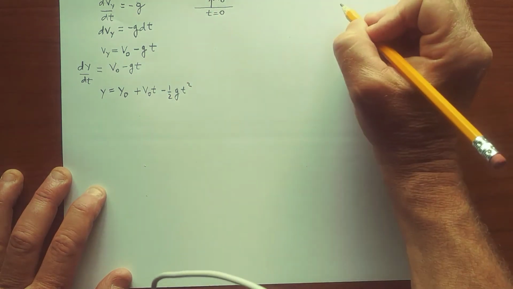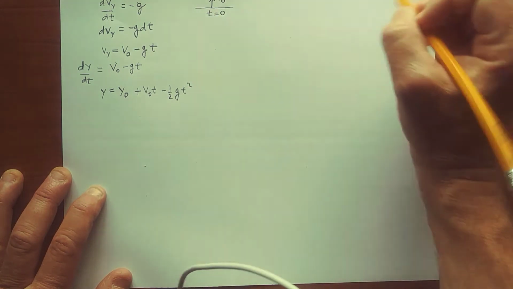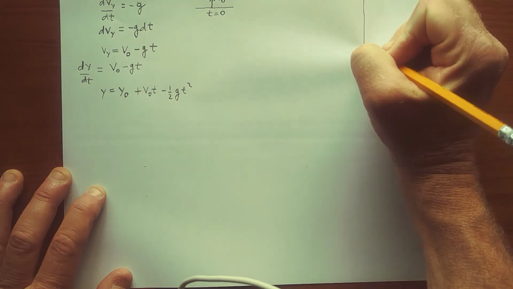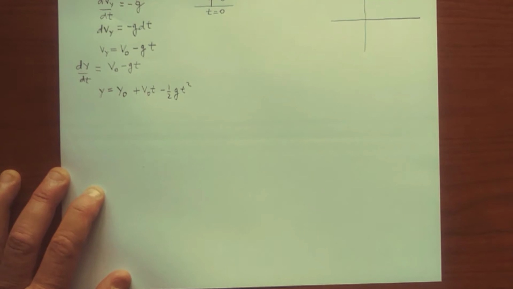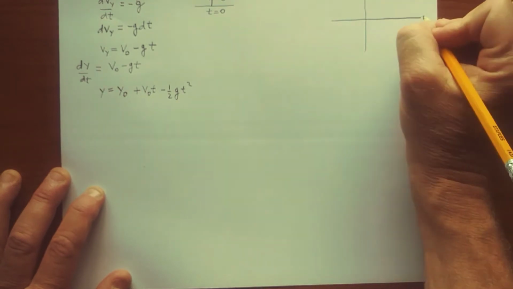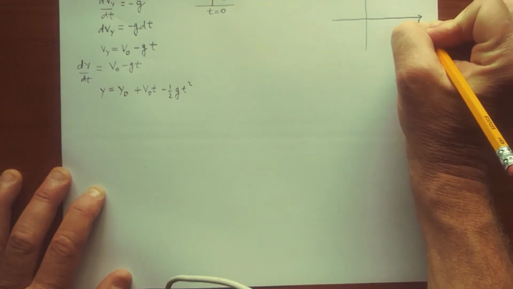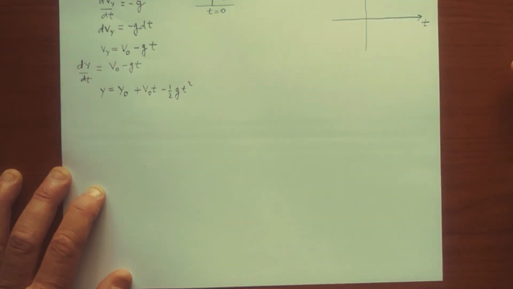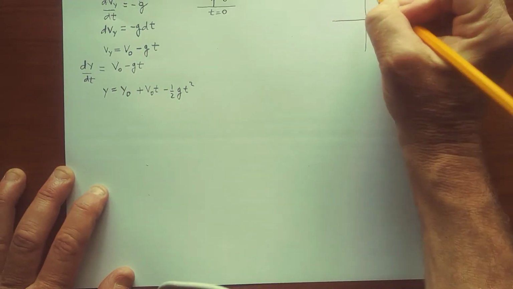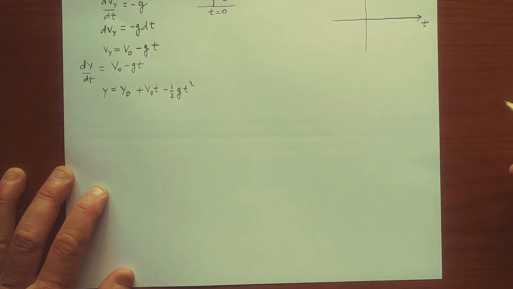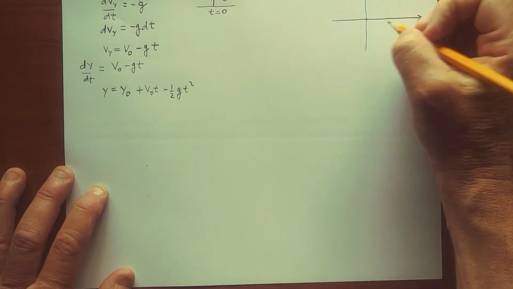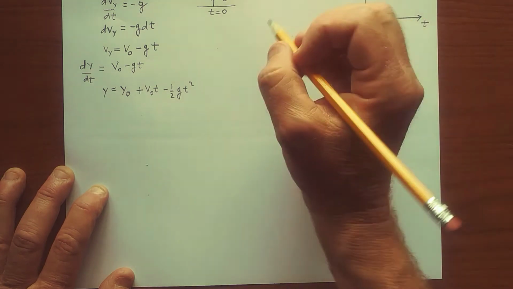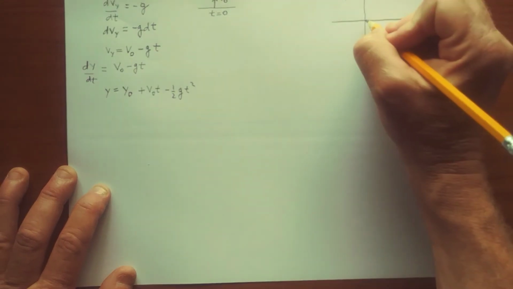So here is our plot of time. So time is increasing in the positive direction, and this is the y-axis. And at t equals 0, we have the speed of the object is v naught.